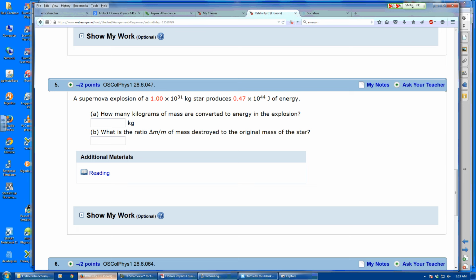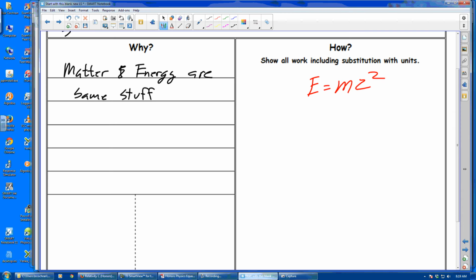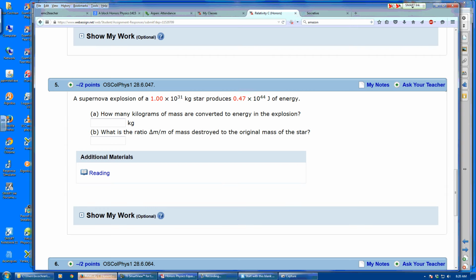And then we're asked to find the amount of mass that would do that. So basically you put in your value for E, you know c squared, and you solve for m. And your answer will be in kilograms, which I believe is what they asked for. And then all you're doing in part B is putting your answer for part A divided by the mass they give you in the question. And you're done.